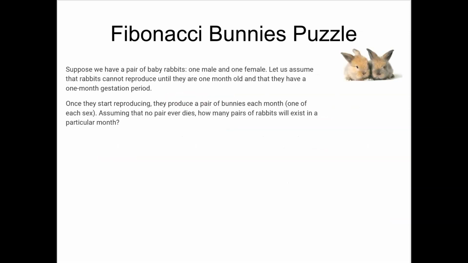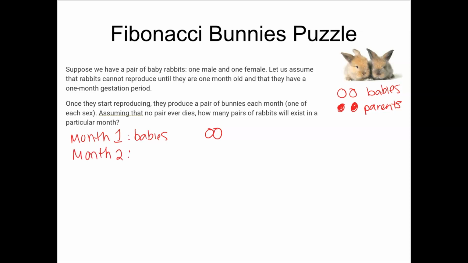All right, so this is what we're going to do. Open circles are going to be our babies, and closed circles are going to be when they're able to reproduce, or when they're parents. So in month 1, they're babies, right? They were just born. But in month 2, they grow up.